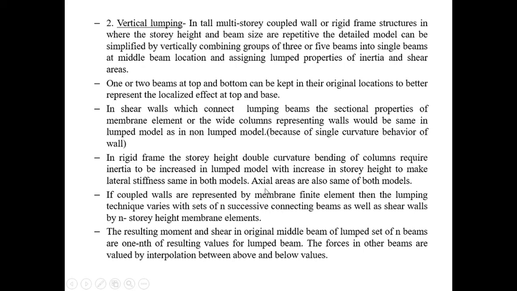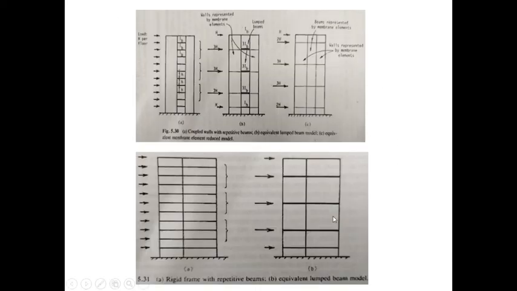Then if the coupled walls are represented by membrane finite element, the lumping technique varies with the sets of n successive connecting beams, that is, a different number of connecting beams as well as the shear walls by n story height, as n number of story height membrane elements. Now here it is shown.